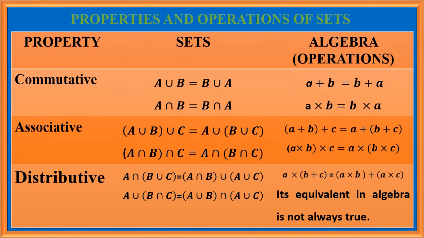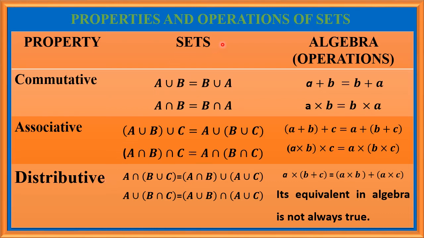Let's now look at the properties and operations of sets. For the properties and operations of sets, we are going to look at a table, and this particular table indicates the properties. We have the commutative property, the associative property, then the distributive property.